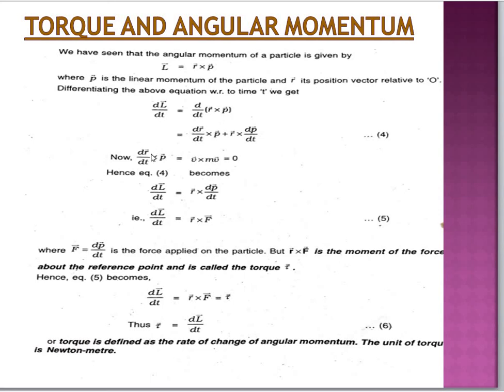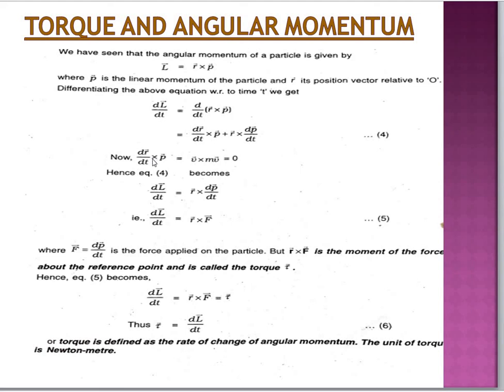So what is dr by dt cross p? What is dr by dt? It is nothing but the velocity. What is p? It is mv. So here it is v cross v. When two vectors in the same direction form a cross product, its result will be 0. So m v square into sin theta, the angle between them is 0, sin 0 is 0, so the total answer is 0.